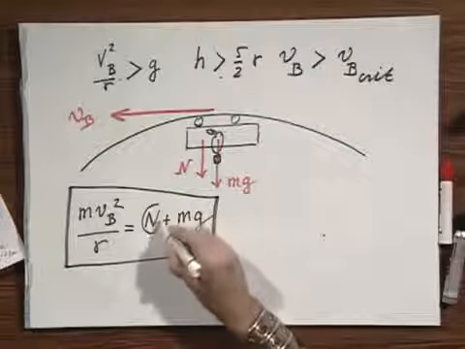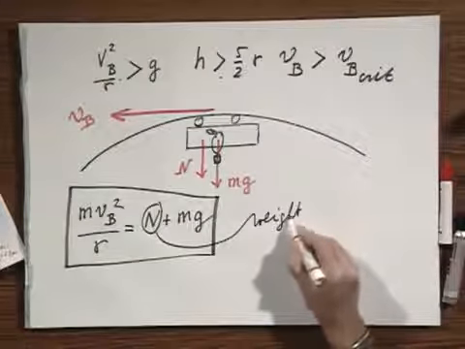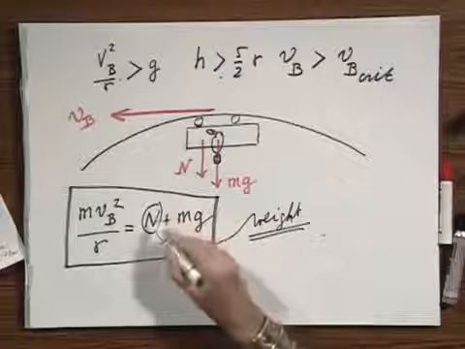And this now, according to my earlier definition of weight, is really your weight. Now, if you want to call it perceived weight, be my guest. But if you put a bathroom scale between you and your seat, that N in newtons, or if you calibrate it in kilograms or pounds, that's fine, that would indicate your weight.